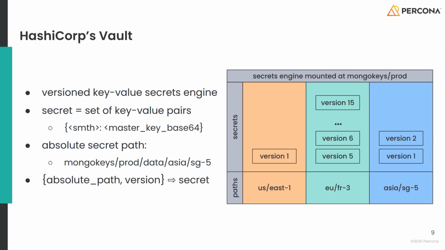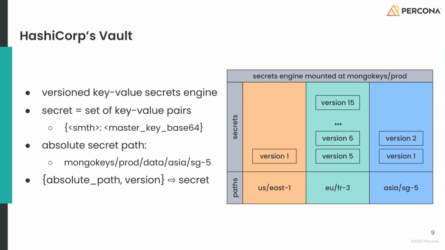Percona server for MongoDB constructs a single entry secret where a master encryption key is encoded in base 64 and serves as a value for an implementation defined key. Before we can use an engine, we must initialize it at a particular path on Vault. Within an engine, a secret is located by its relative path and version.